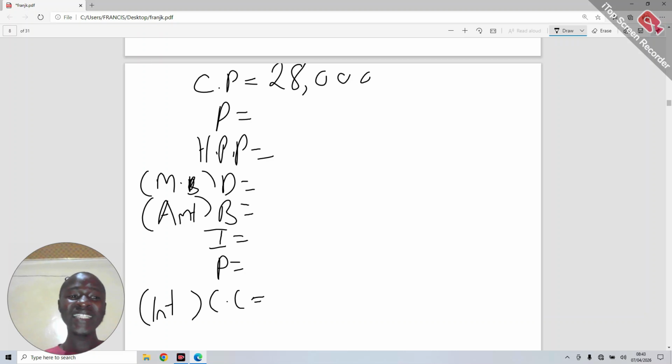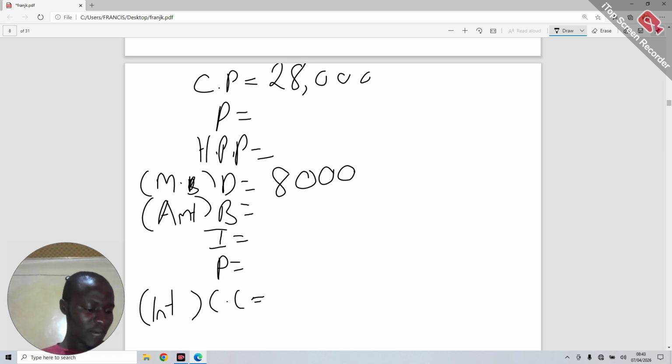Down payment is the same as deposit. You don't have to fumble. That first amount you pay before you are given anything is referred to as deposit.